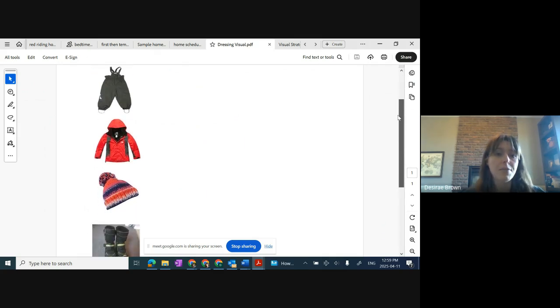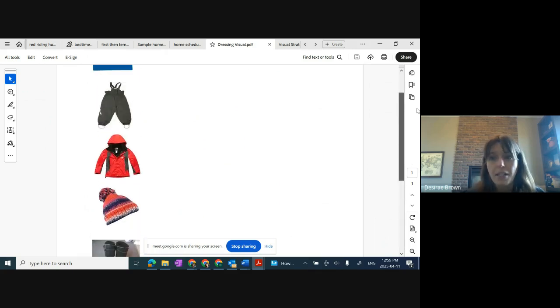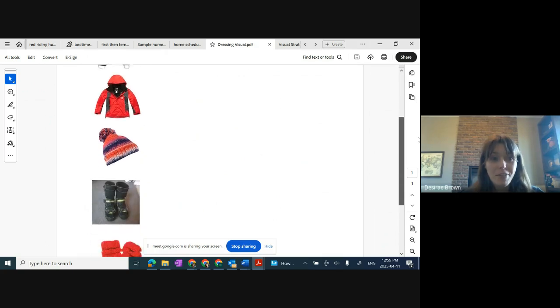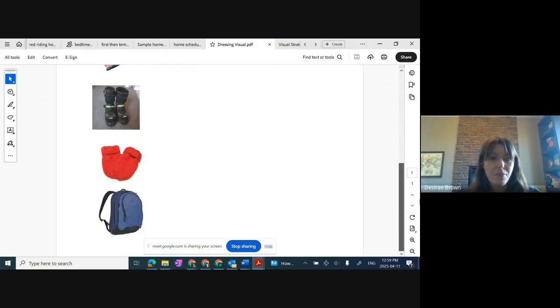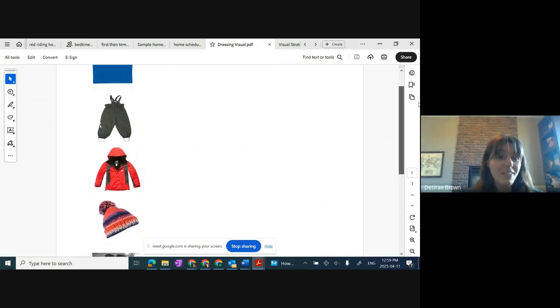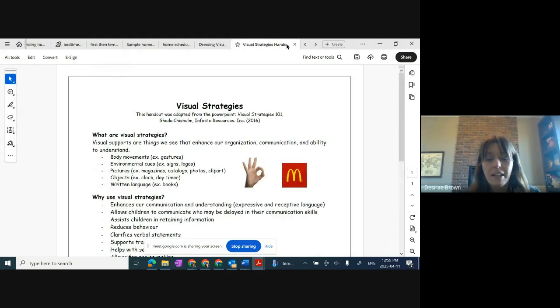So snow pants, then coat, then hat, then boots, then mitts, then backpack, and then they're ready for school. So now you can cut a few things out now that the weather's getting warmer, but it might be helpful to remember in the winter if they're struggling with remembering how to get dressed or get ready and get all the things on. This is here for you as a strategy or a support.